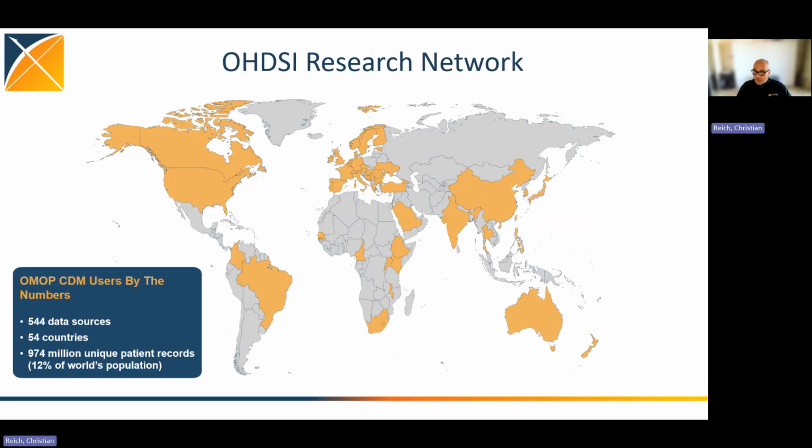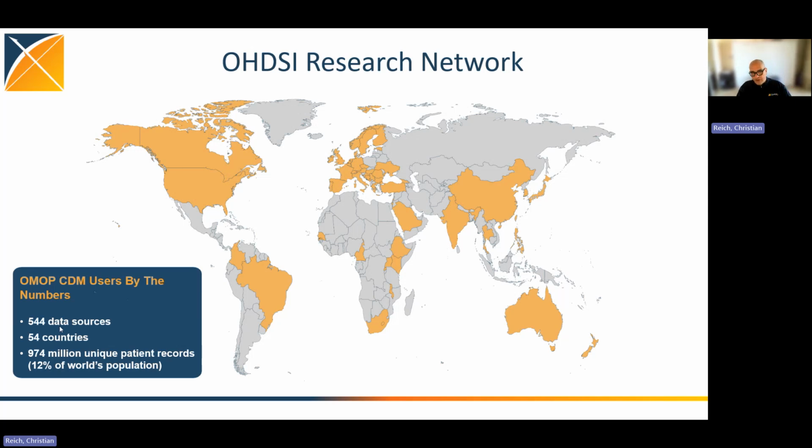There's a research network, so there are people who have data. We don't know them all. In fact, we don't know how many are in the dark zone. I always bump into people who say, oh yeah, we have data in OMOP. And I say, why are you not in the network?